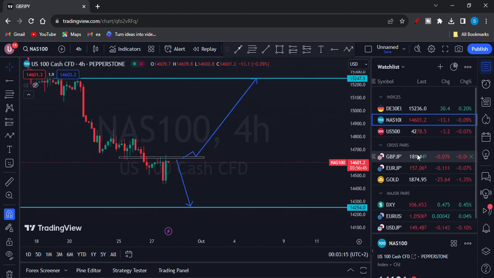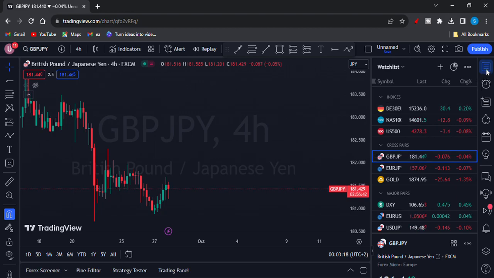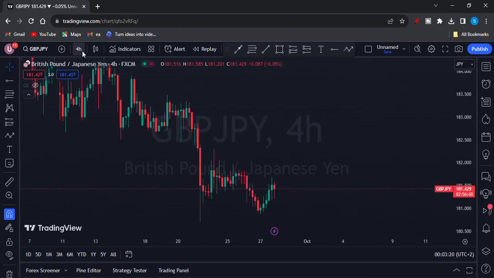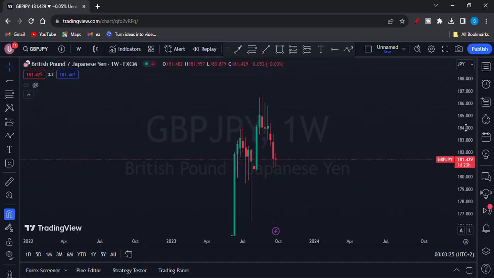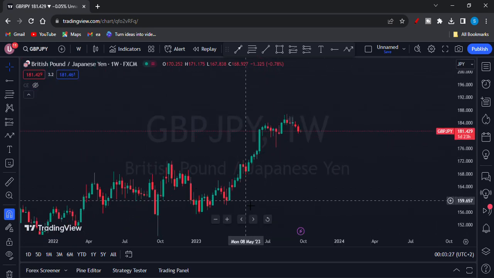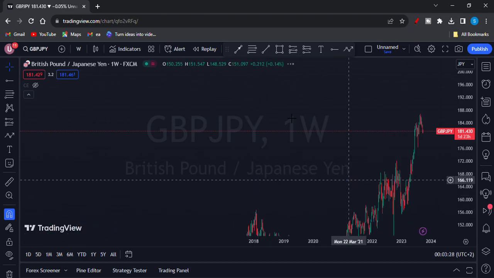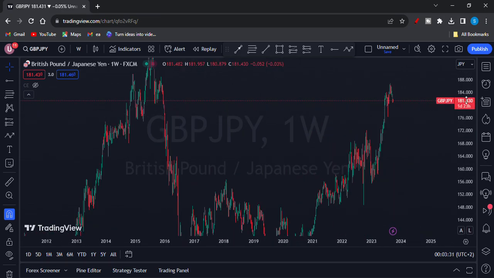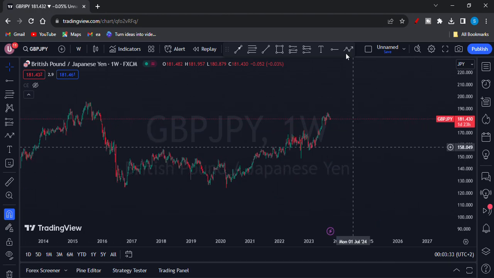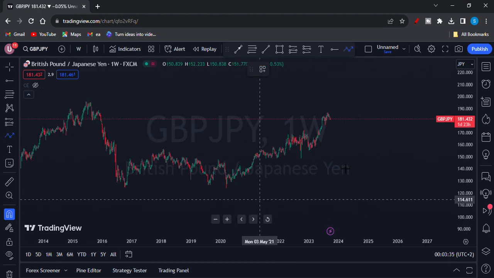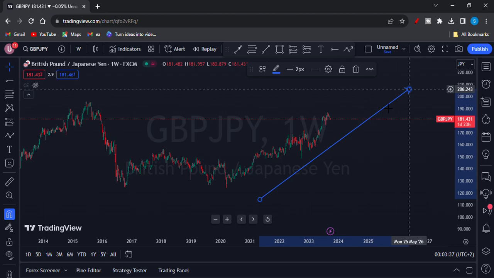And then let's go to GBPJPY. And then on a weekly, so the overall trend for the weekly is on an uptrend.